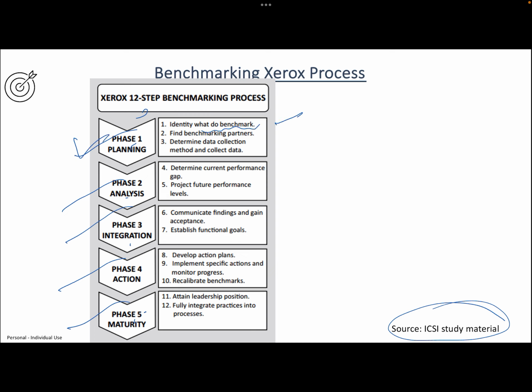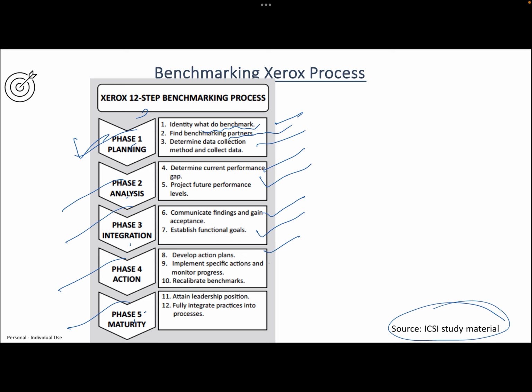So in the initial phase, we will identify what we are going to benchmark, who is the benchmarking partner, and then we have to collect all the required data. And in the second phase, it is an analysis: what we are doing currently, and with that, what will be our future performance level. Then you communicate all this information to everyone and get acceptance and set up the goals for every functional department.